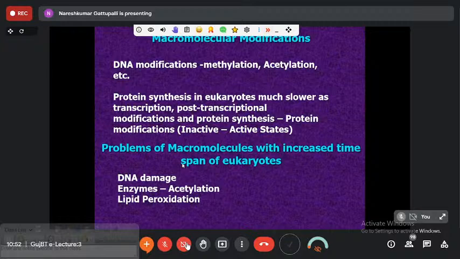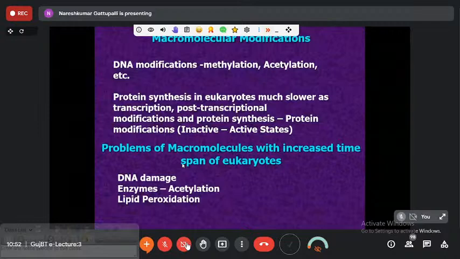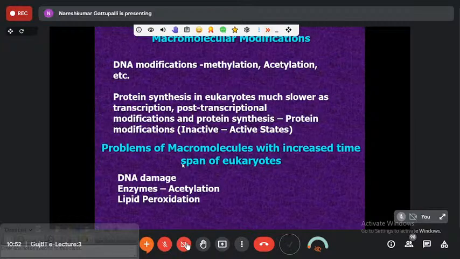In addition, because macromolecules stay for a very long time, as we have said in some cases from days to even years, the molecules have to be maintained.